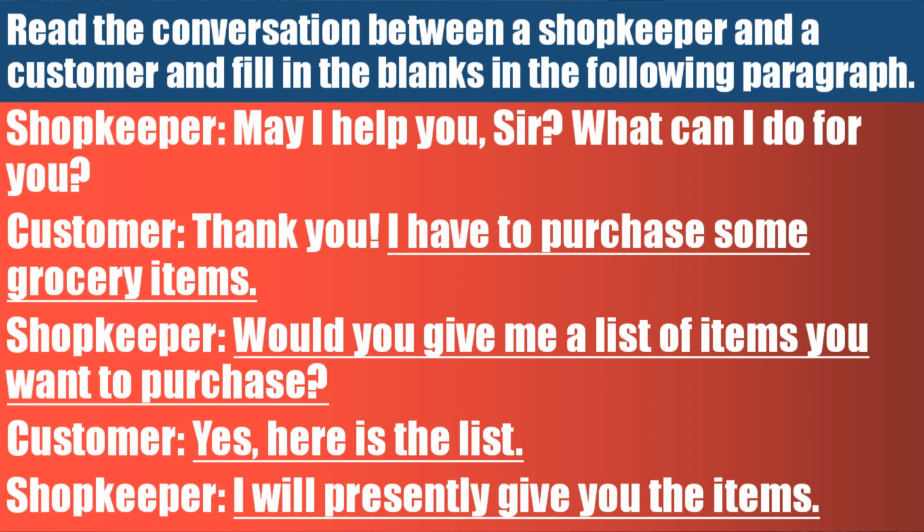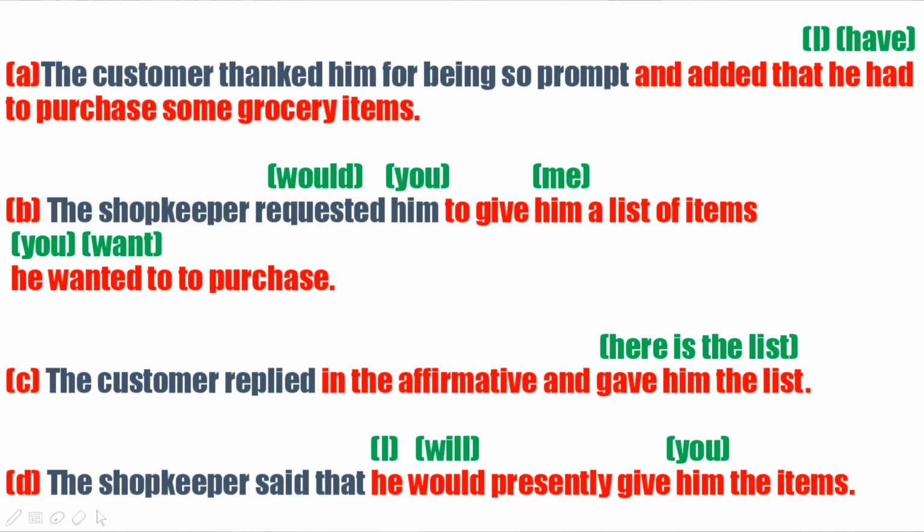I have to purchase some grocery items. Look here. Customer thanked him for being so prompt and added that actually I have to purchase. So I had changed into he, and have had changed into had. Why? Because customer is talking to the shopkeeper. Okay, both are third person.